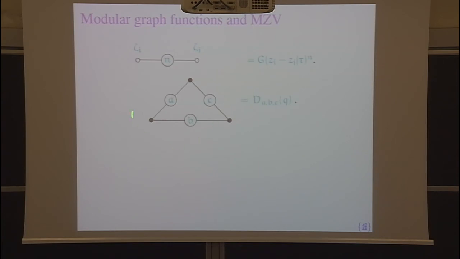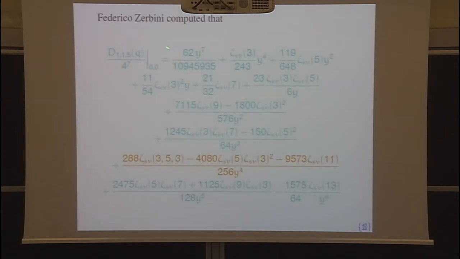Okay. If you look at some other graph, like this triangle graph, you find at weight 7 a graph that contains all of these ones, and this weight 11. So here it's a modular function, a non-trivial modular form that has in its Q expansion non-trivial single-valued multiple zetas.